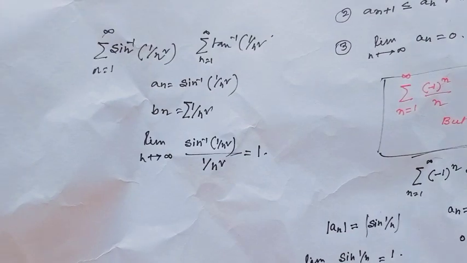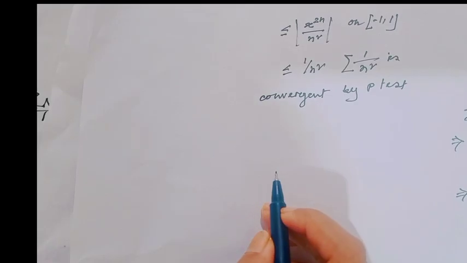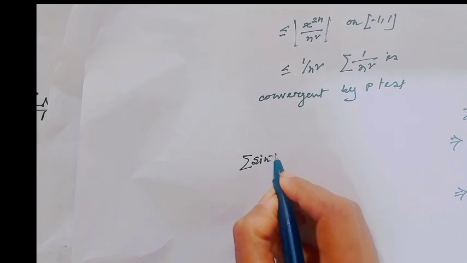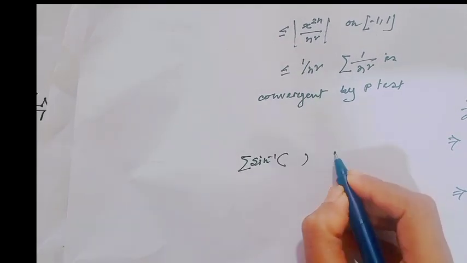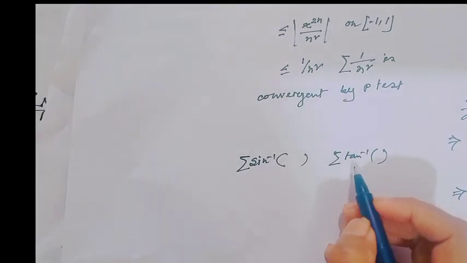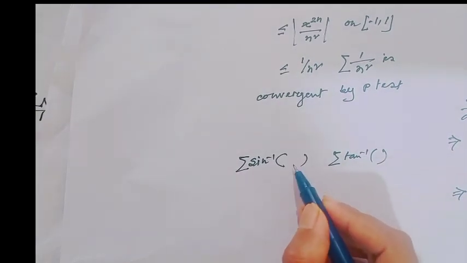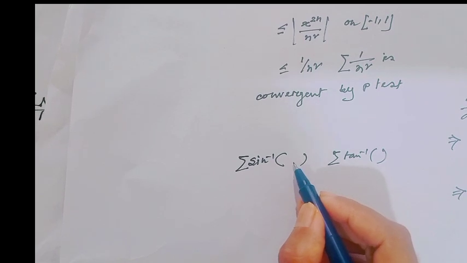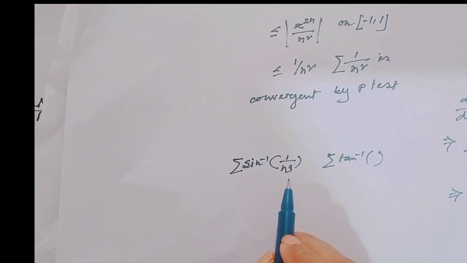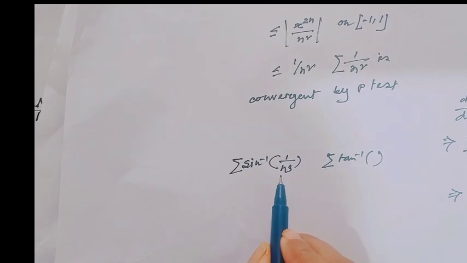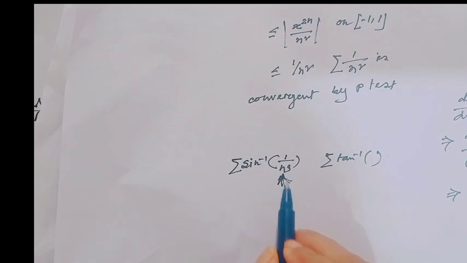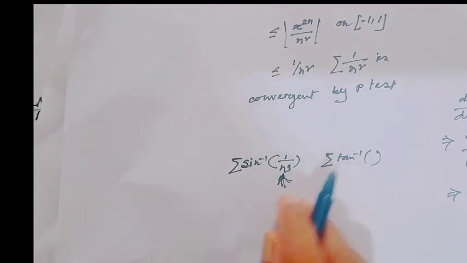And there exists a shortcut trick. This type of series, sin inverse, tan inverse of a bracket term, would be convergent when the bracket term is convergent. If we consider n cube, then this series is convergent because our bracket term, 1 over n cube, is a convergent series.